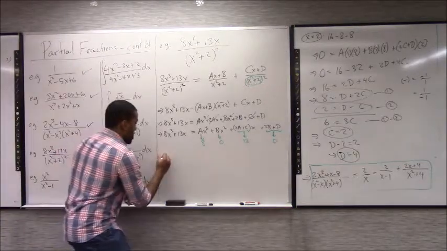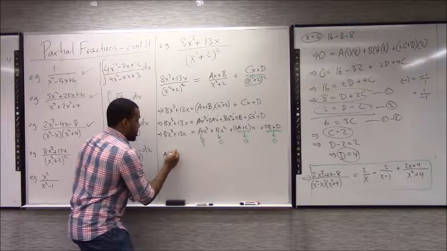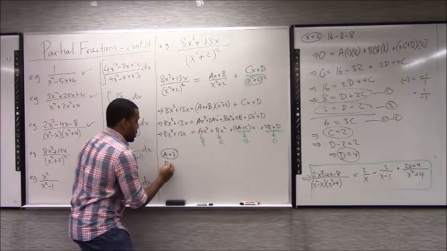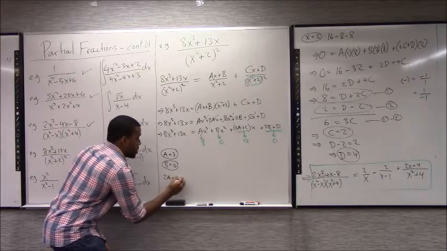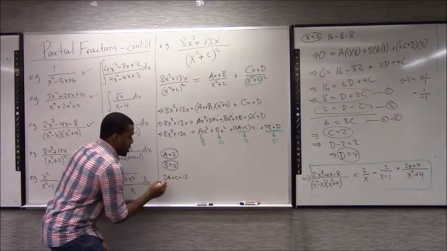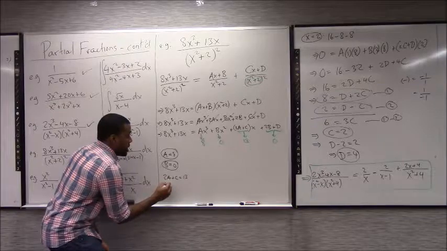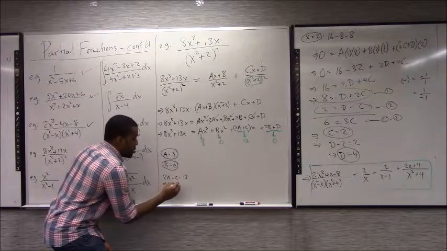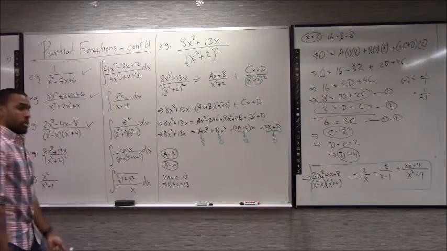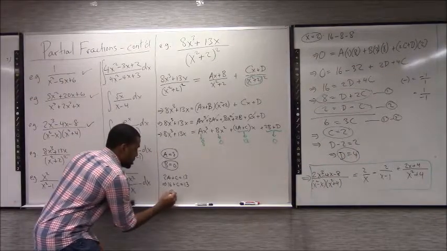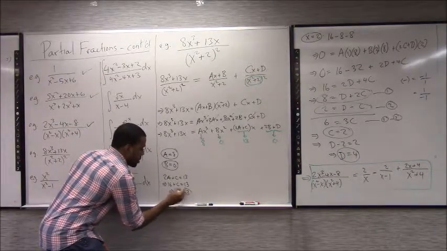So here I know that my a equals 8. I know that my b equals 0. So this means that 2a plus c equals 13. Since a is 8, this means that 16 plus c equals 13. And so c equals -3 right away.